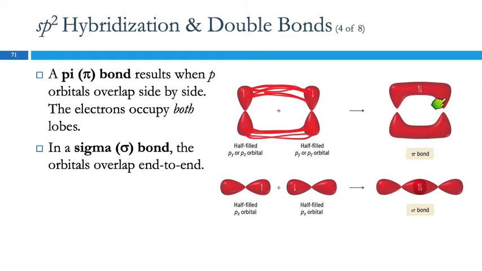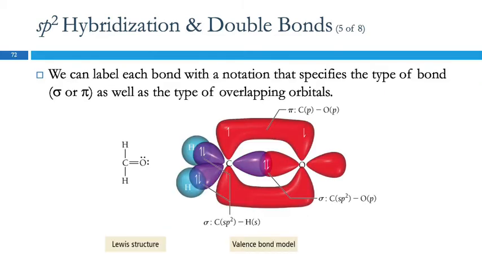This is a single bond, one bond, and that pair of electrons is on both sides. I know it's troublesome. So this is the same thing. Here's the Lewis structure for this molecule.